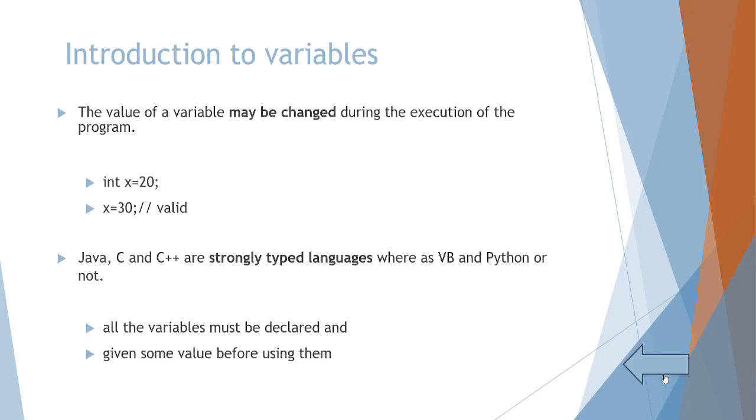Maybe 0 or null. Null means nothing is there in a string. Some values should be there. Whereas the languages VB and Python are not strongly typed languages. As in when I can create without telling the data type, it is created as object and can take integer or string or any value.